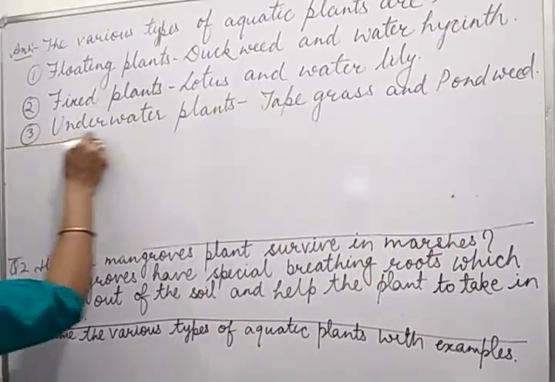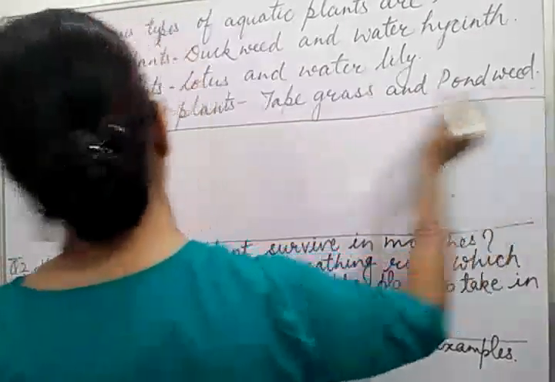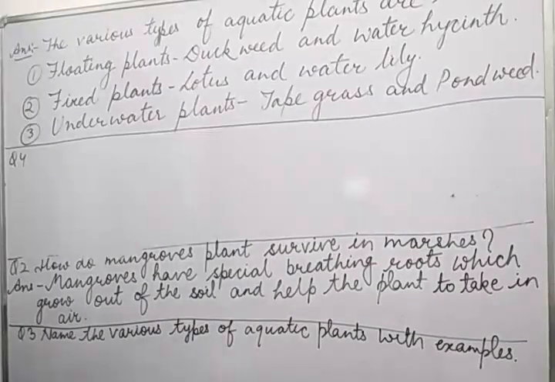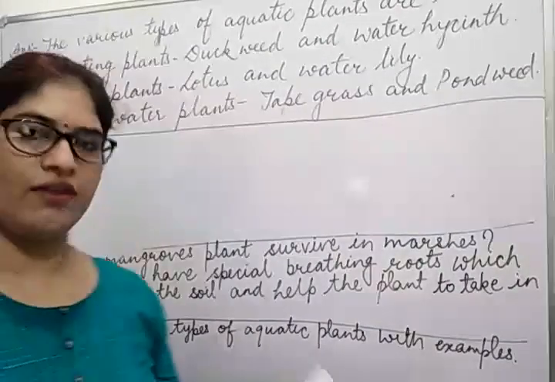Now we will write the question number 4. What is question number 4? That is, can non-green plants make their own food and why?